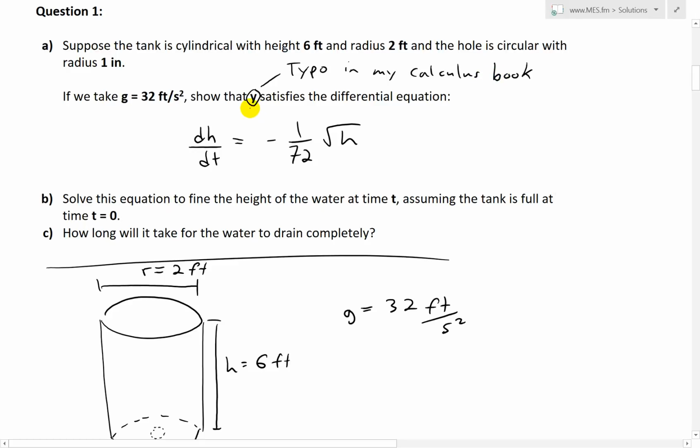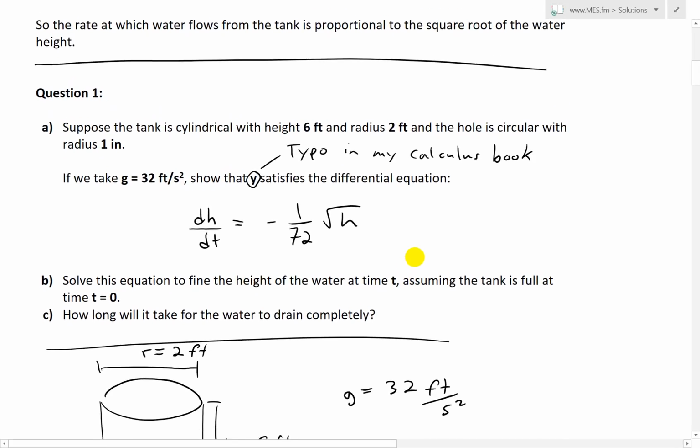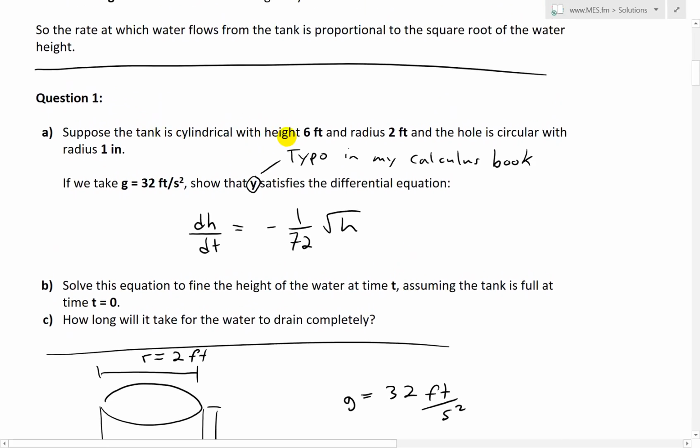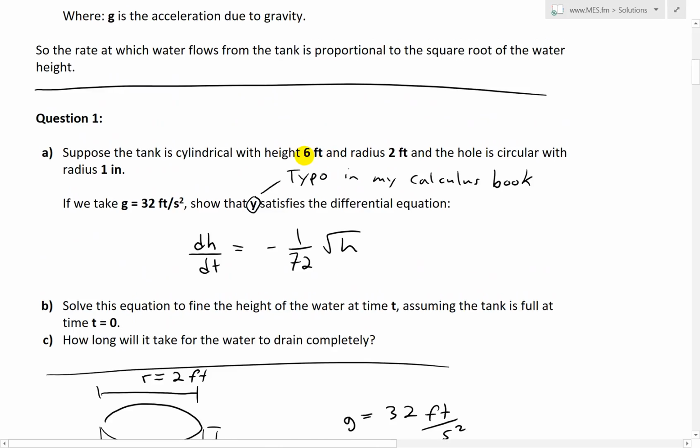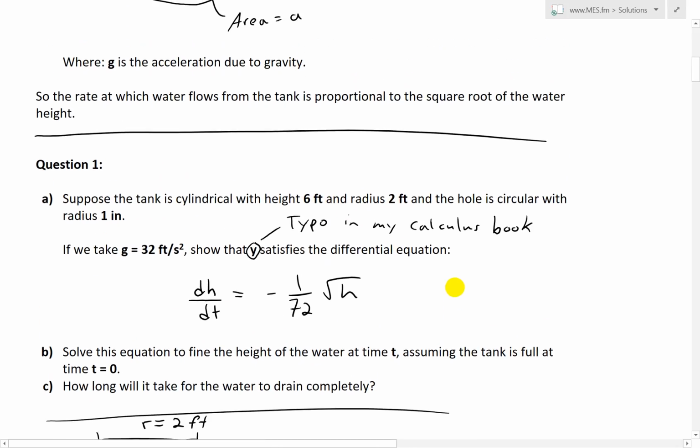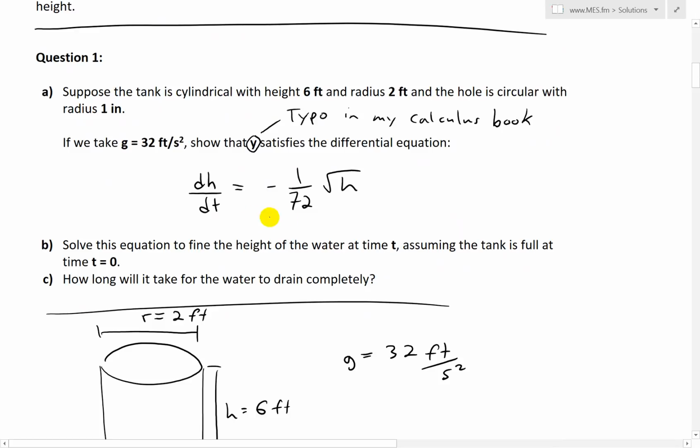Basically, what we're trying to say is show that this type of cylindrical tank with this radius and hole radius, and with this gravity as well, satisfies this differential equation. So that's what we want to find out.